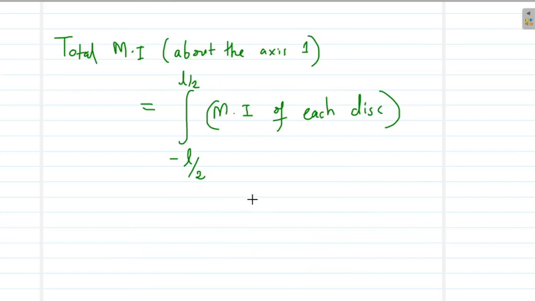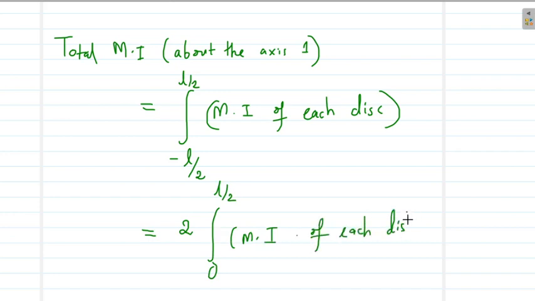So instead of doing this difficult integration, we can make a small correction here. Instead of doing an integration from minus L by 2 up to L by 2, we can actually integrate from 0 to L by 2 the moment of inertia of each disk, and multiply that term by a factor of 2 to get the total moment of inertia.